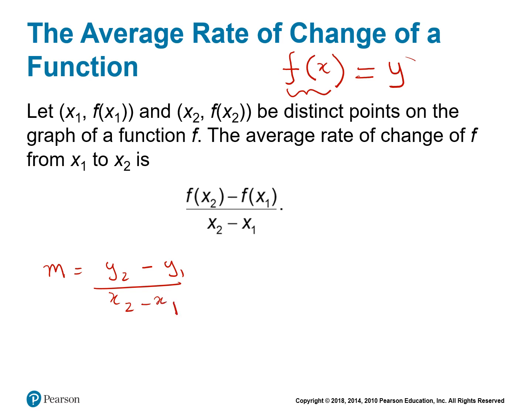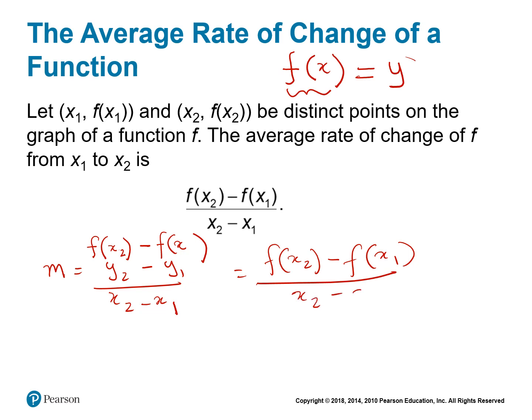When we are working with functions, instead of using y2 minus y1, we can replace these y2 and y1 notations with f of x sub 2 minus f of x sub 1, and rewrite this as f of x sub 2 minus f of x sub 1 divided by x sub 2 minus x sub 1.